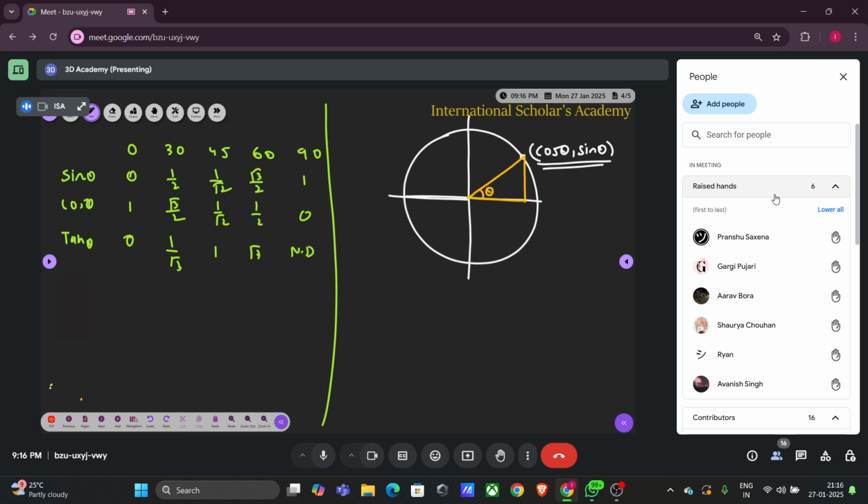This angle is theta and it is a unit circle. So the radius of this circle is what? 1. In this triangle, this is my opposite side, this is my hypotenuse. So I will use sin theta. Sin theta equals opposite upon hypotenuse. So the opposite distance equals hypotenuse times sin theta. Hypotenuse is 1, so the opposite side equals sin theta. And this opposite side is nothing but the vertical distance, and vertical distance is nothing but the y value. That's why the vertical coordinate is sin theta.